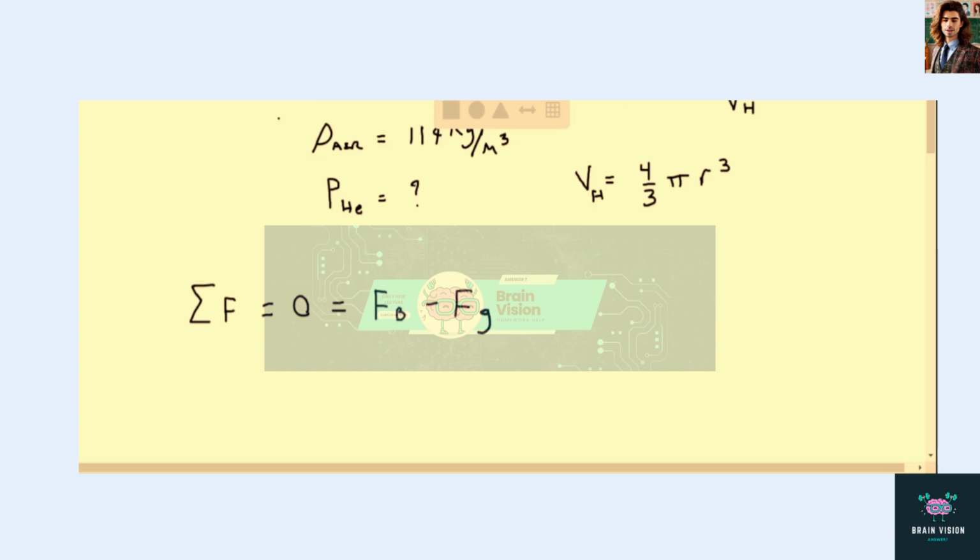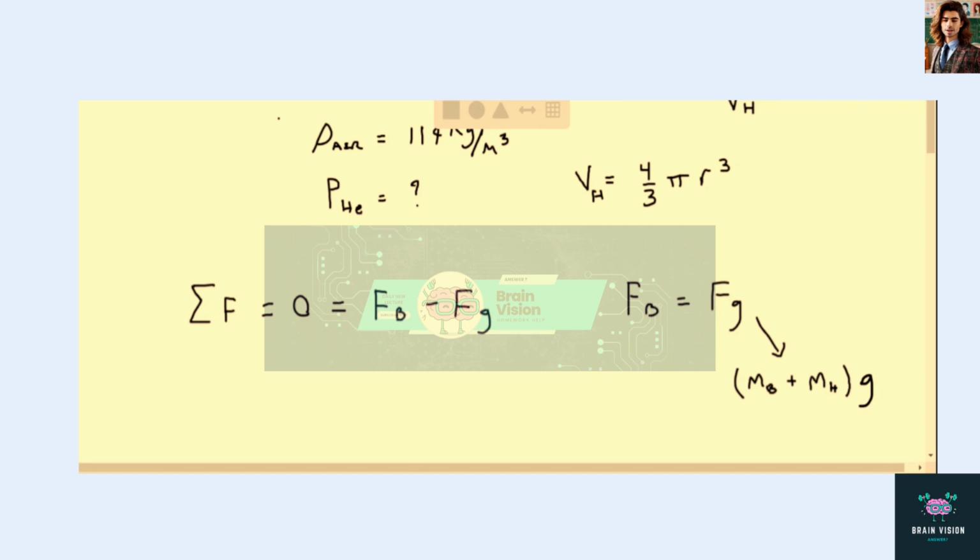Or another way to write this is the force of buoyancy equals the force of gravity. Now, if you remember, the force of gravity is just going to be mg, right? But in our case, our total mass is the mass of the balloon material plus the mass of the helium inside. So the right-hand side of our equation is going to be (m_b plus m_H) times g.